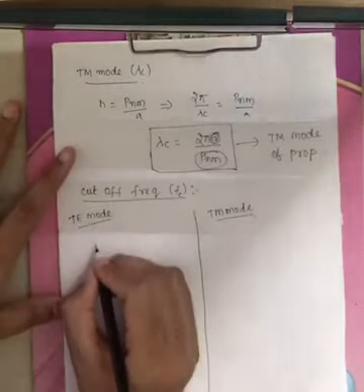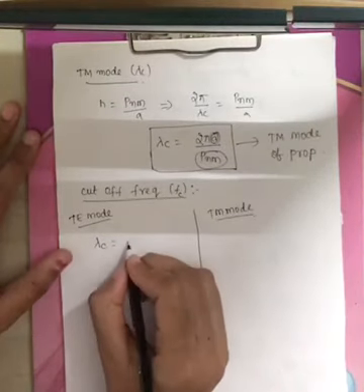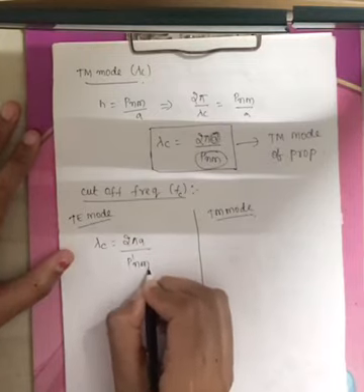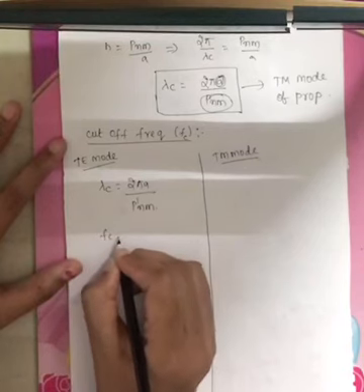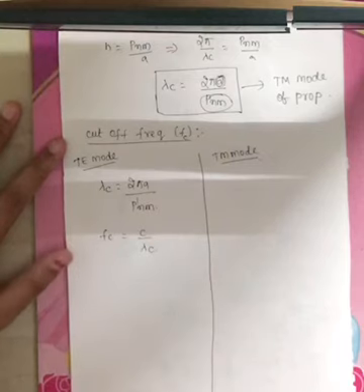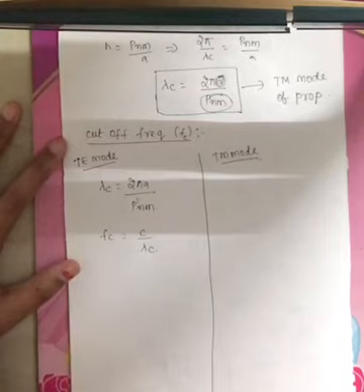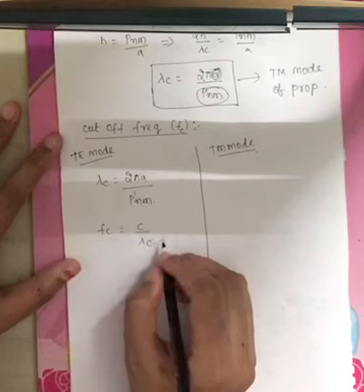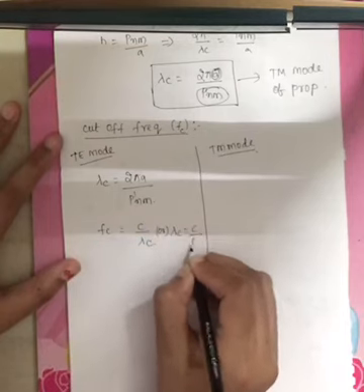Now under TE mode of propagation, we have derived lambda c, which is 2 pi a by p dash nm. Now fc is nothing but c by lambda c, or lambda c is nothing but c by fc.